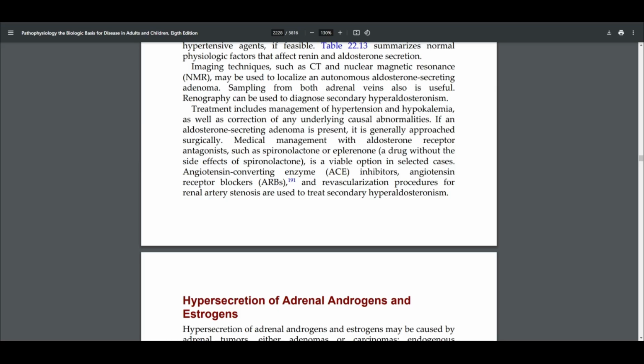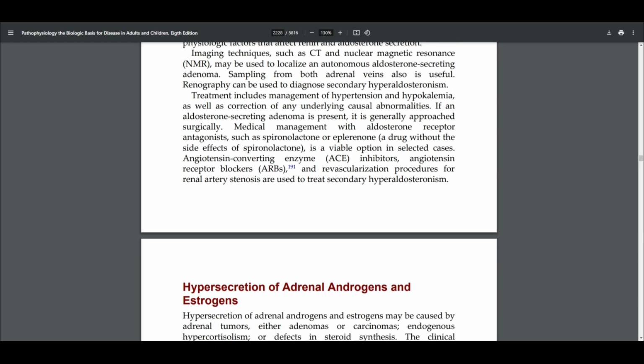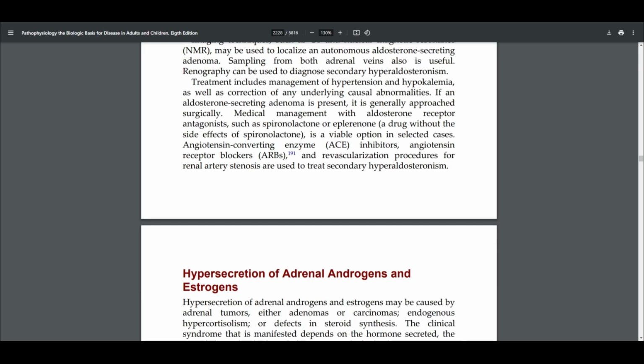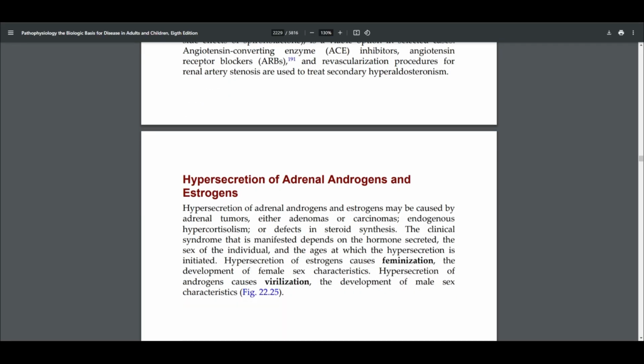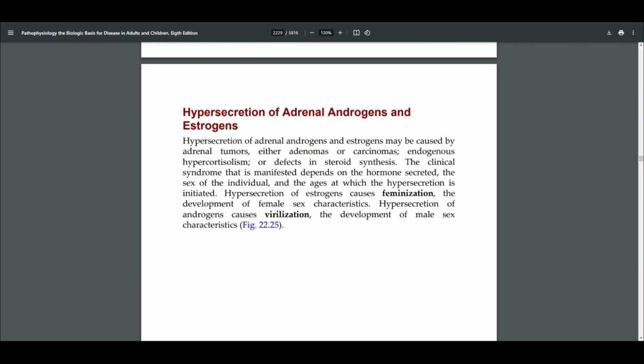Angiotensin-converting enzyme inhibitors, angiotensin receptor blockers, and revascularization procedures for renal artery stenosis are used to treat secondary hyperaldosteronism. Now, hypersecretion of adrenal androgens and estrogens.